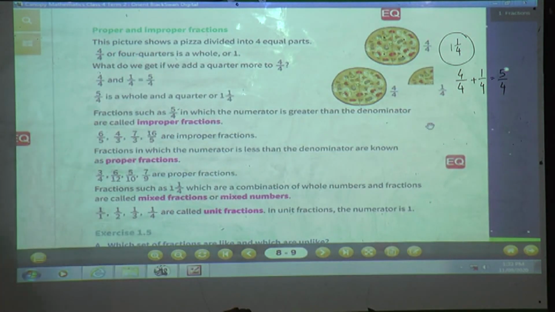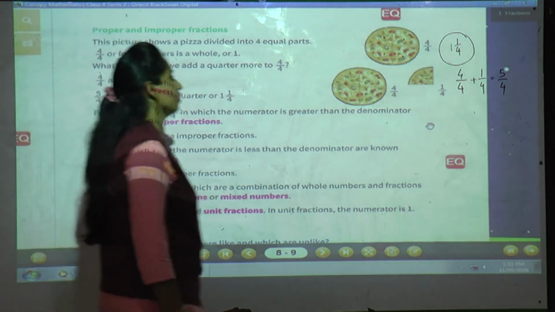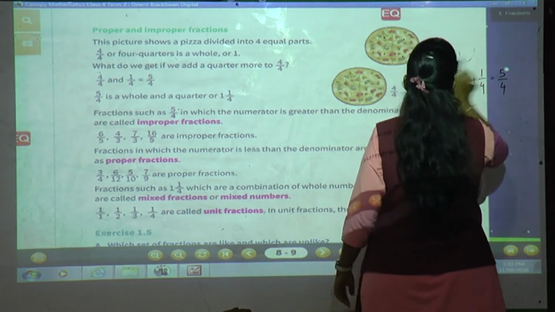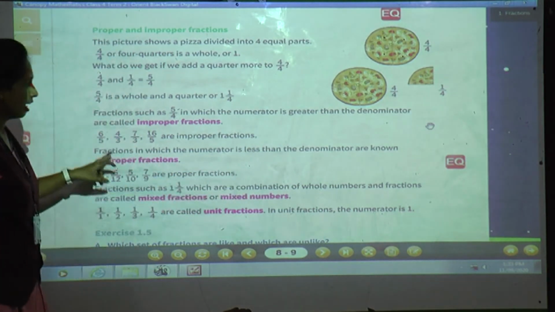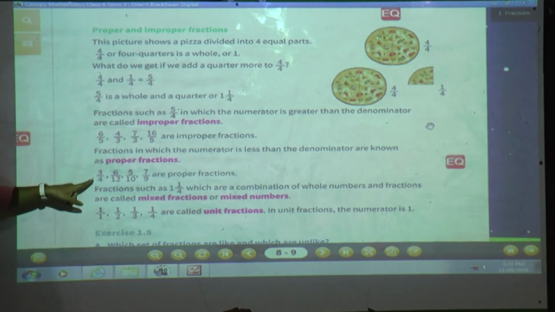See what they are saying? What are proper fractions? Fractions in which the numerator is less than the denominator. Clear till here? Yes. Now what about the next?